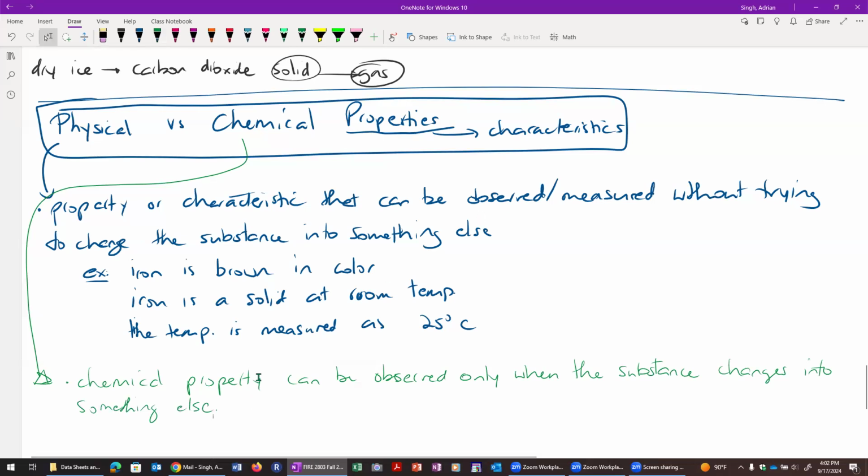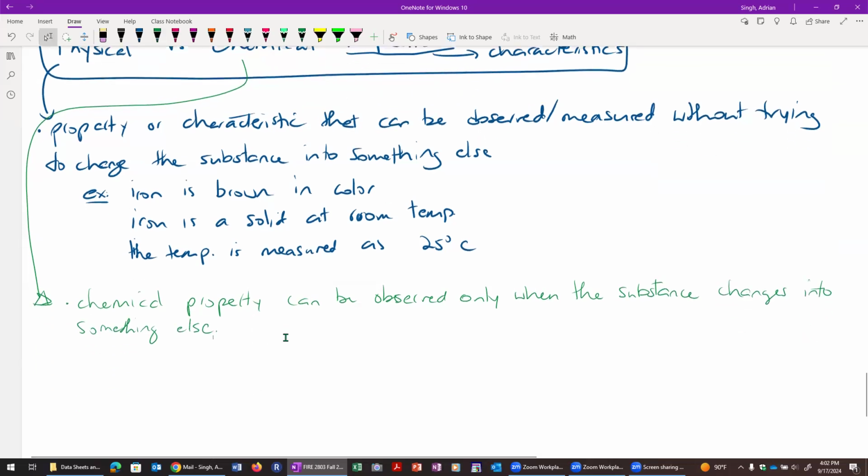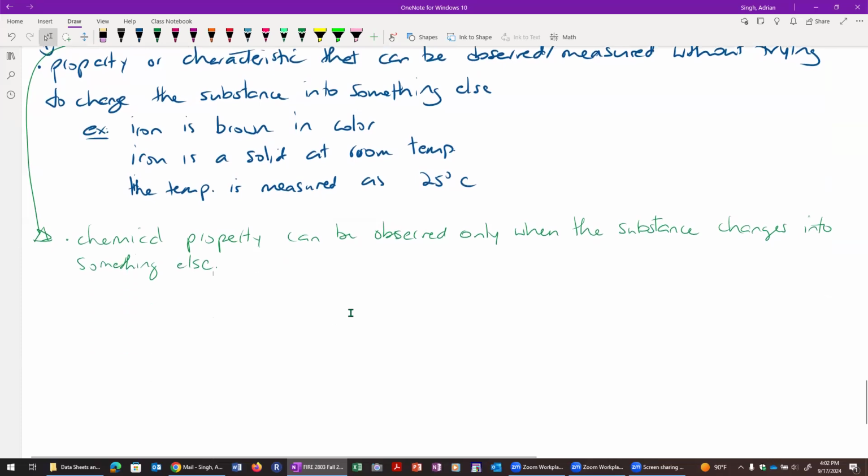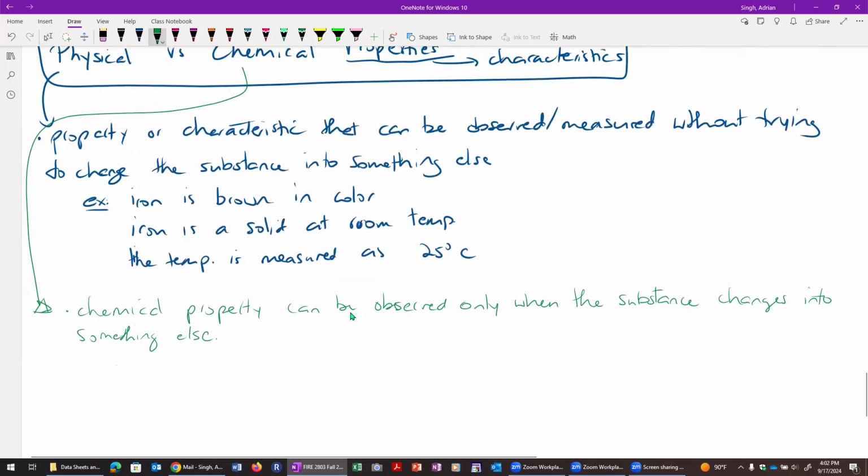Again, it's a characteristic that we can only observe or measure when that thing changes into something different than what we started with. So we can say, for example, that gasoline is combustible. That means we can only observe this when gasoline changes into something else. Well, what does it change into? When you burn it, you don't have gasoline at the end, right?